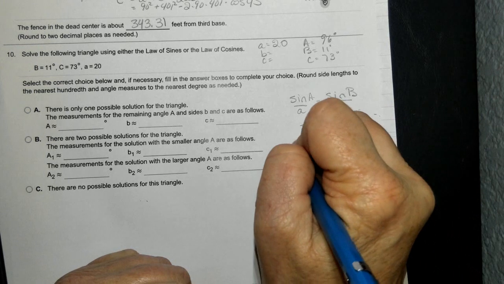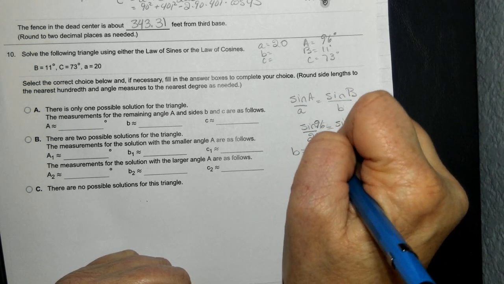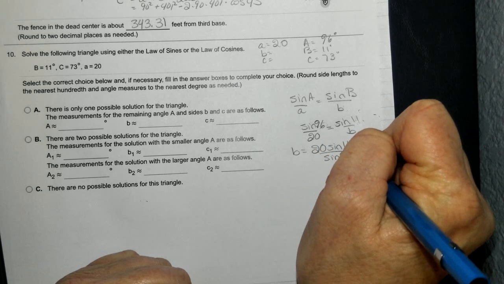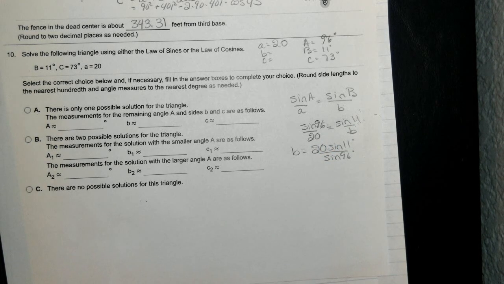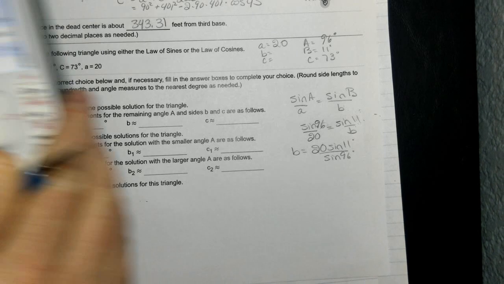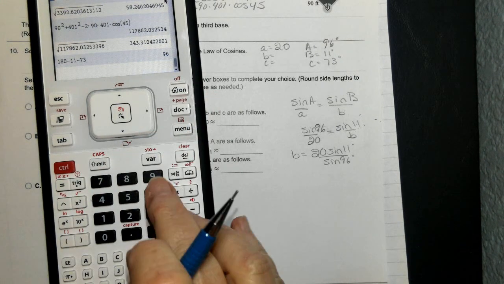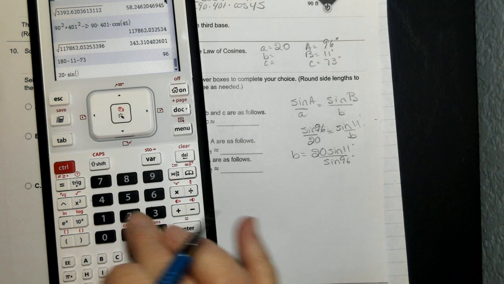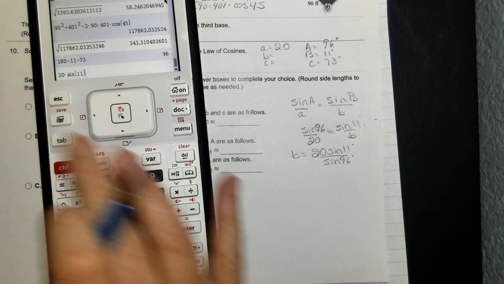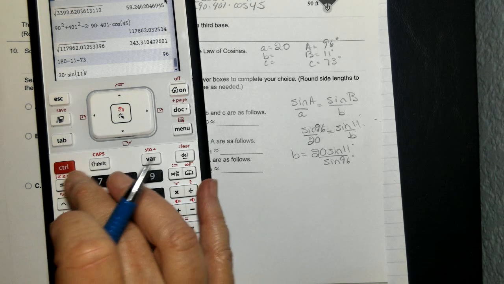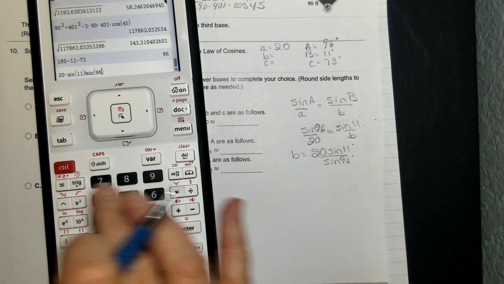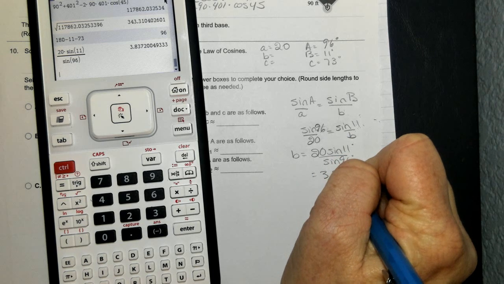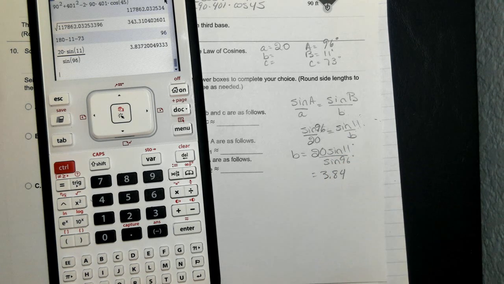So b is going to equal 20 times sine of 11 over sine of 96. Let's do that in our calculator. 20 times sine 11 divided by sine 96 equals 3.837, so round it to 3.84.